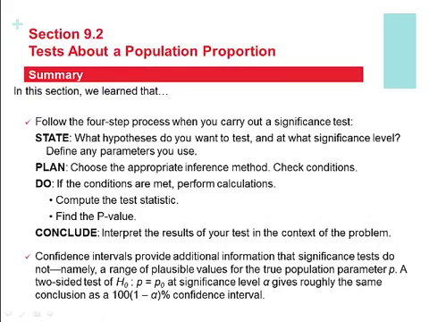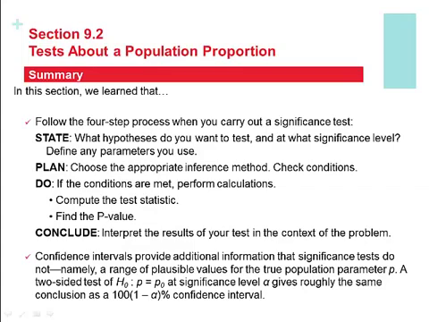The acronym PHANTOM can be used to carry out a significance test. P stands for parameters. H is hypotheses. A is assumptions and conditions. N is choose the appropriate name for the test.